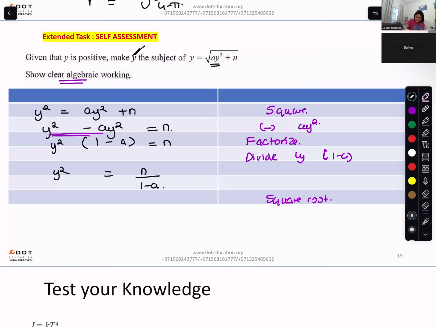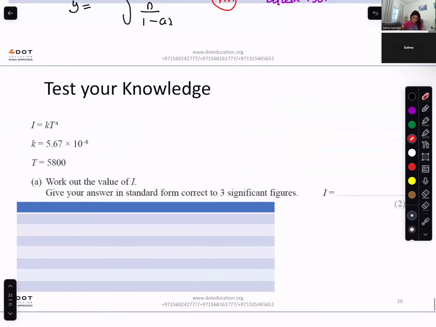So you get y is equal to root of m by 1 minus a. You're given 1 mark for each step. So if this is of 5 marks, you get 1 mark over here, 1 mark over here, 1 mark to factorize, 1 mark to divide, 1 mark to take the square root. So you need to understand this.